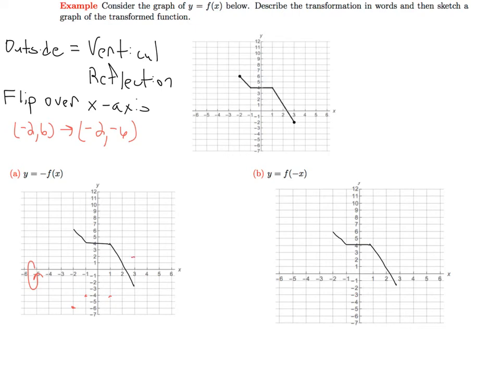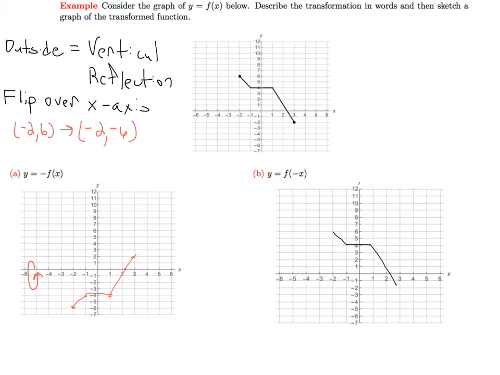So connecting these points, here's our resulting graph. We've taken this graph in black and we have flipped it over the x-axis. We have a reflection over the x-axis. And so cleaning part A up, here's the result after performing this vertical reflection.